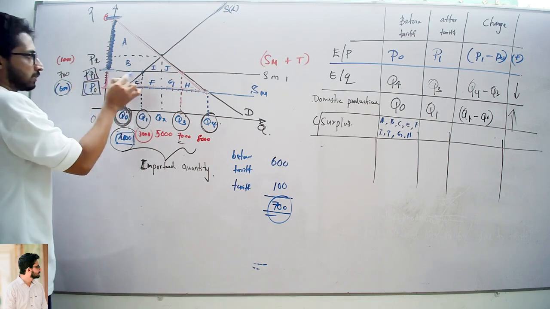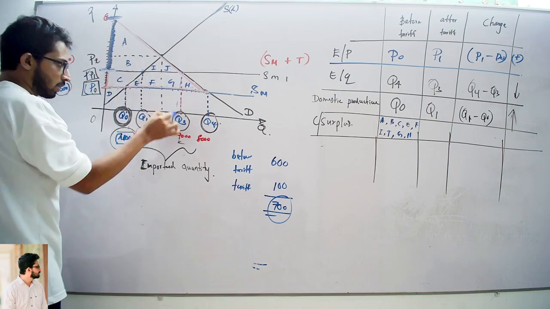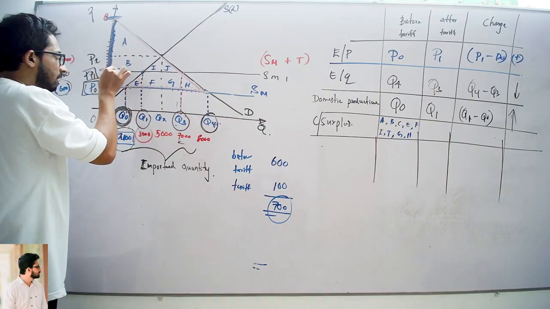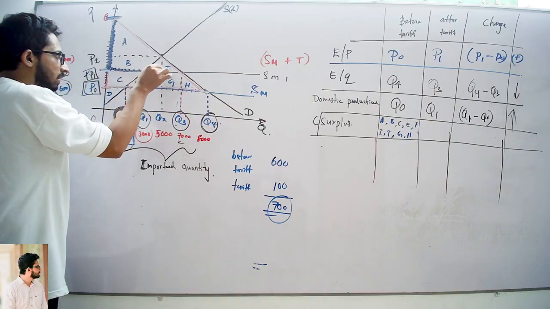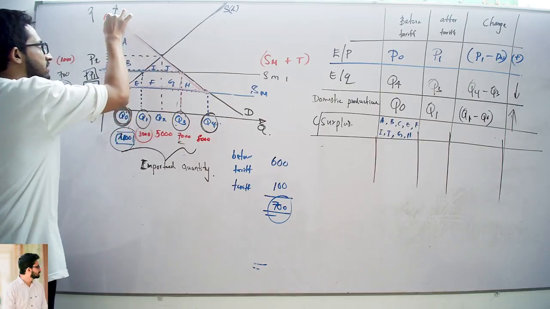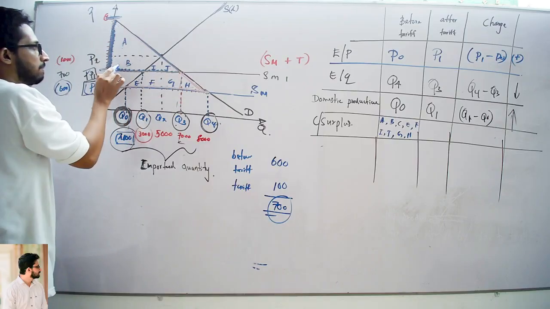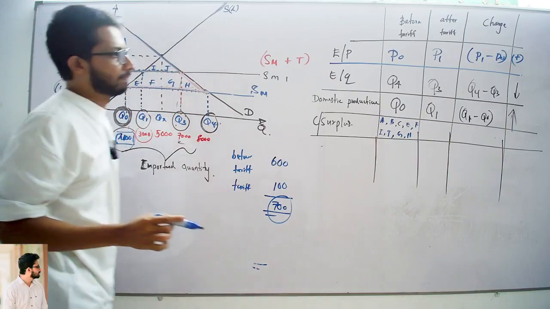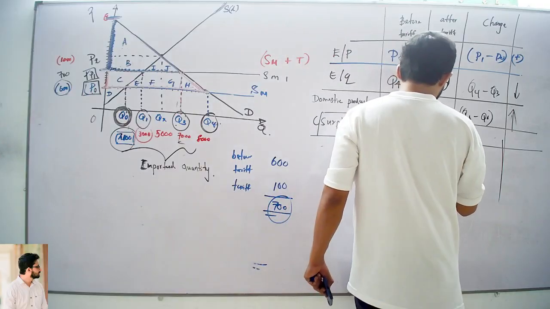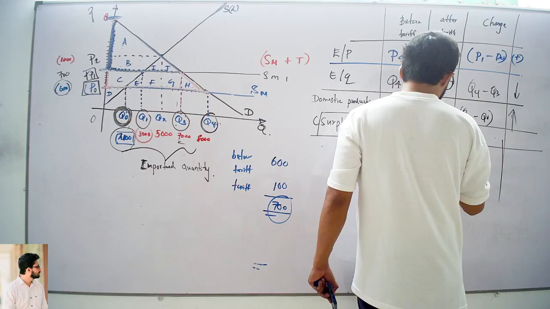At the P1 price, consumers are willing to purchase only Q3, this quantity now, divided by 2. It is a triangle, this triangle. Letters A, B, I, C.